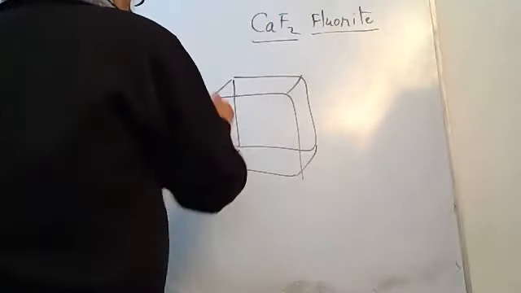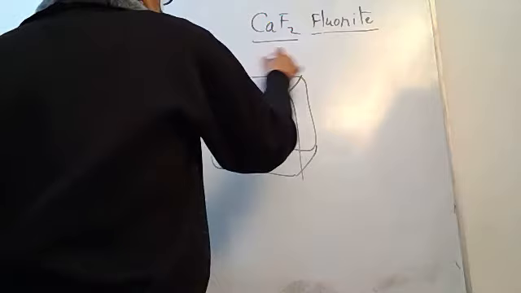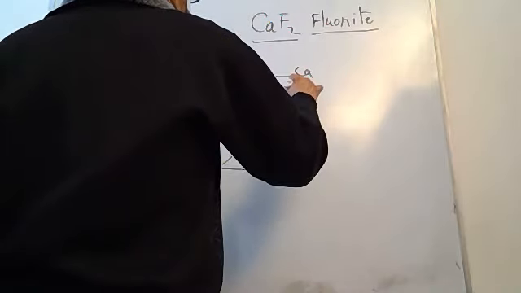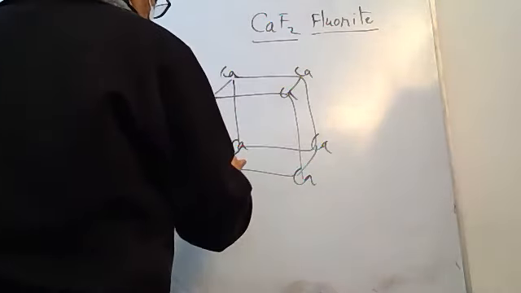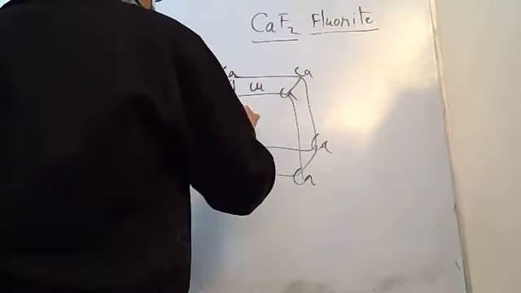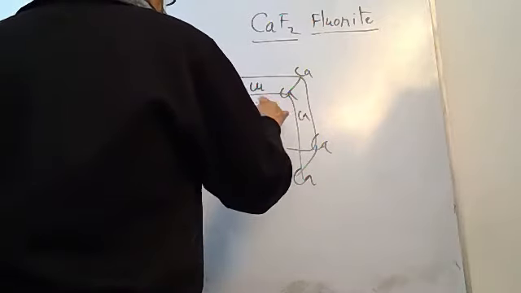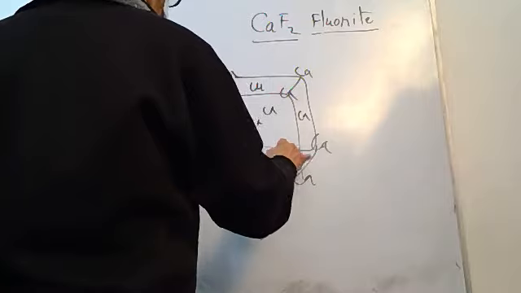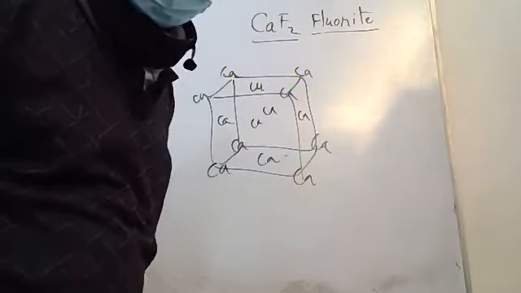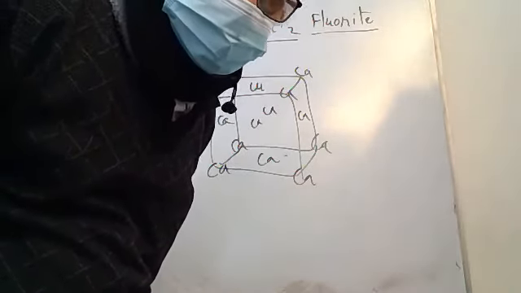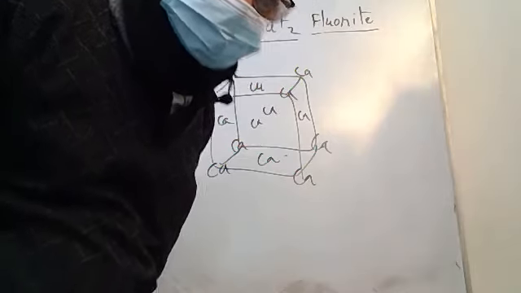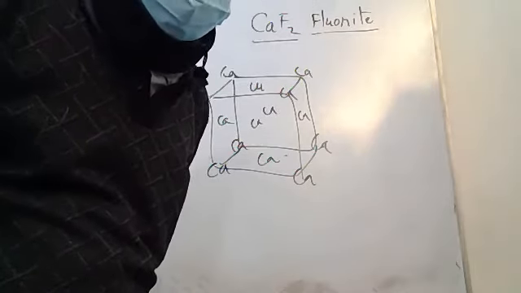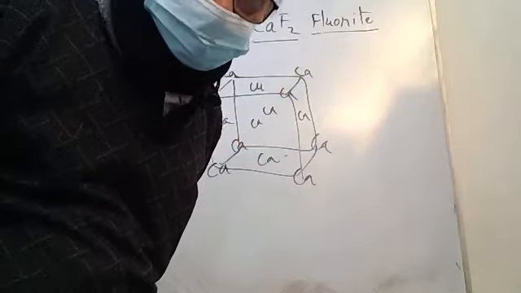Now, if you look at the crystal structure again, very simply speaking, you can imagine all the calcium atoms at the face centers. In other words, the calcium ions form a face-centered cubic lattice. And the fluorines occupy all the tetrahedral holes.